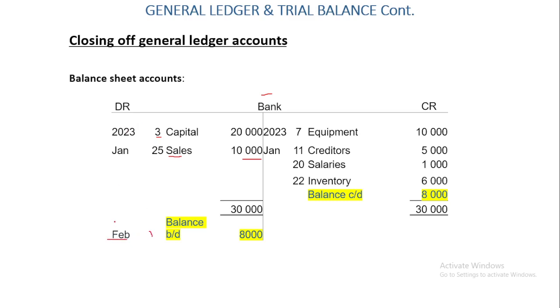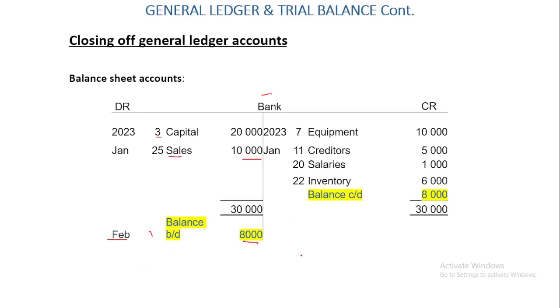So when we start the month of February on the 1st, 2023, the heading is already written, so we don't have to repeat it here. We just say balance brought forward from the previous month, it's 8,000. So we're starting February with a balance of 8,000.